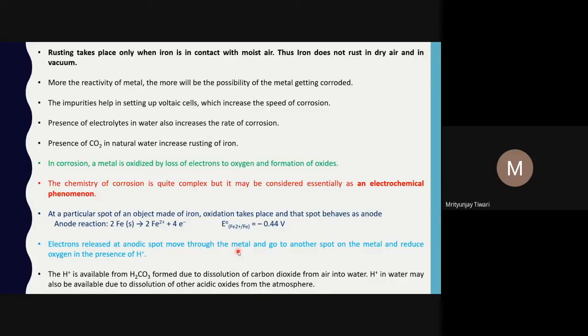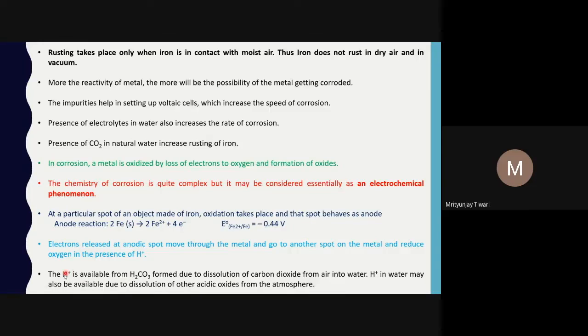At that spot, the iron will react with oxygen in the presence of H+ ions, and electrons will also be utilized there. That spot is the cathodic spot or cathode. So the electrons released at the anodic spot move through the metal to another spot on the metal and reduce oxygen in the presence of H+ ions.